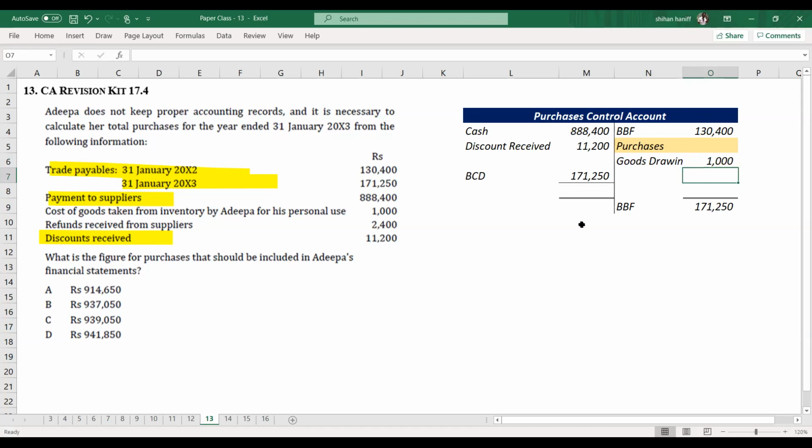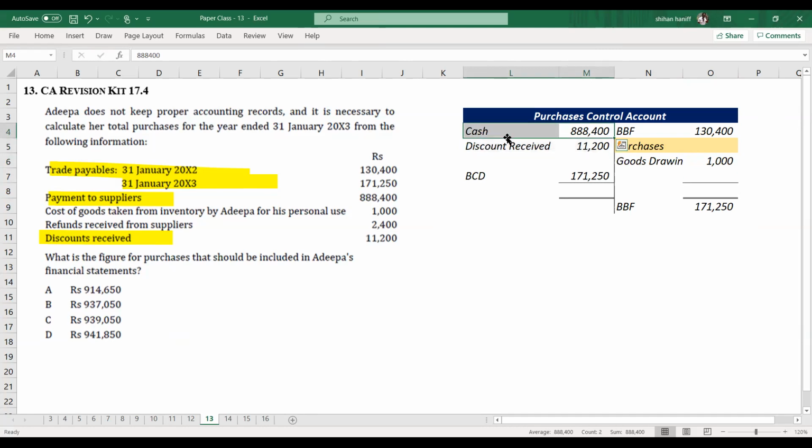Now there is another transaction. Refund received from suppliers. When we pay the supplier, cash credit, the supplier's account will be debit.